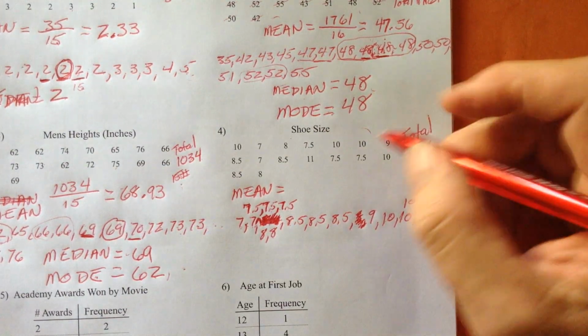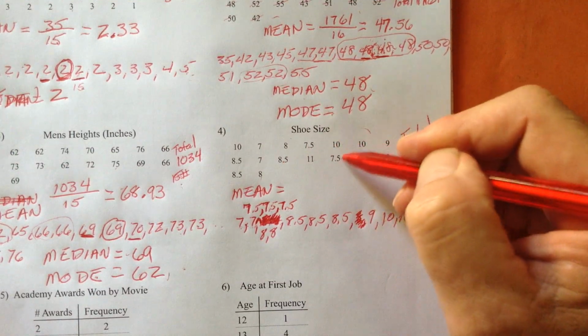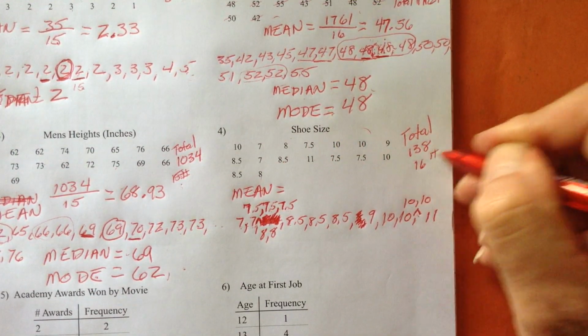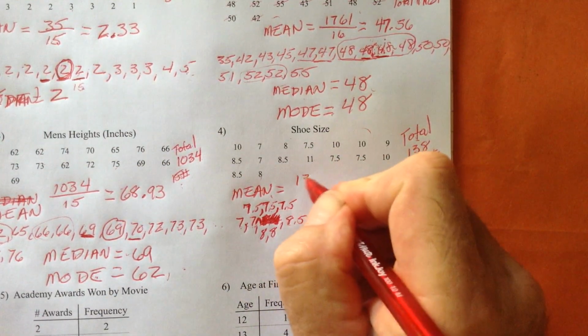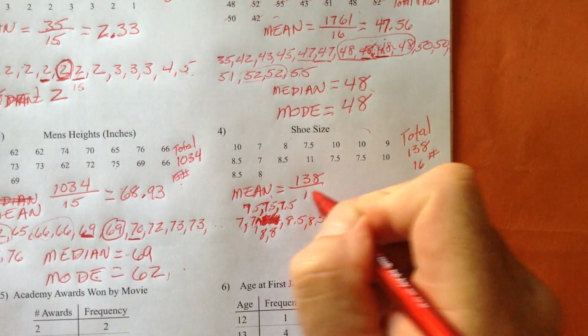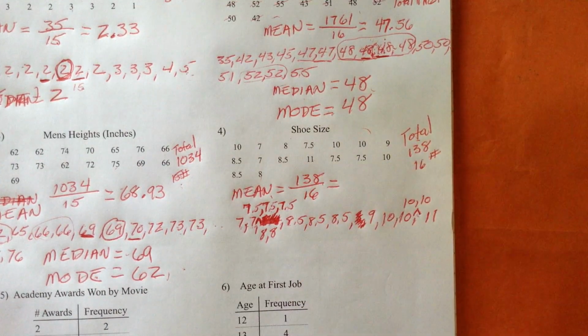And then there's 16 numbers. So to find the mean, I take the total, 138, divided by how many numbers there are in the set, which is 16, on the calculator.